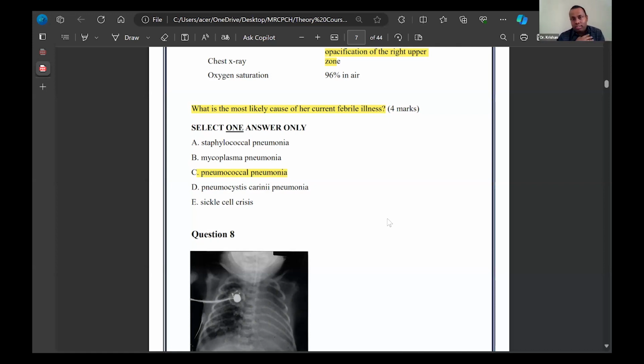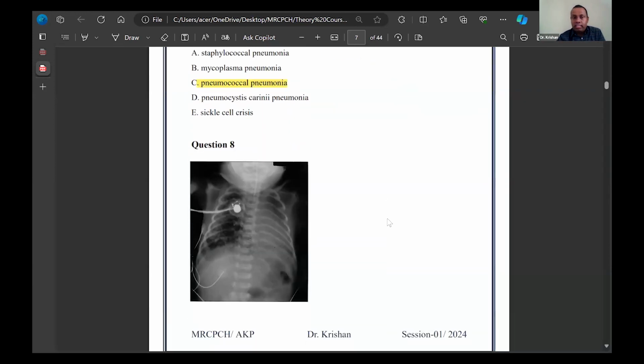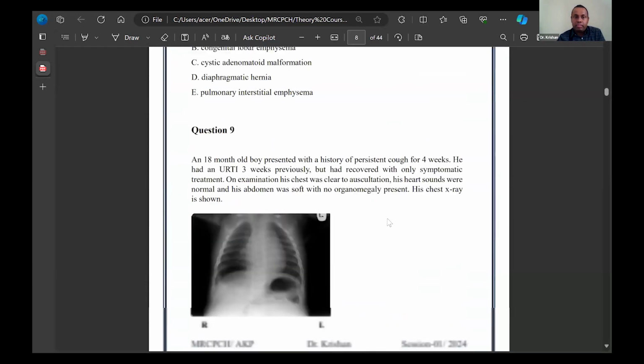Pneumocystis carinii will cause very nasty pneumonia that usually occurs in children who are immunocompromised, like HIV, you know that. And if that is the case, we expect clinical signs to be there in both the lungs, not only one lung, right? Sickle cell crisis, of course, is out, right? So the answer should be pneumococcal pneumonia, right?